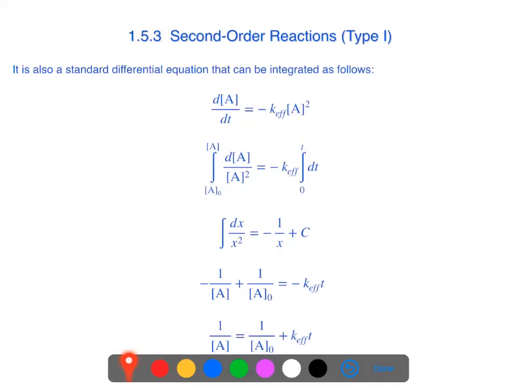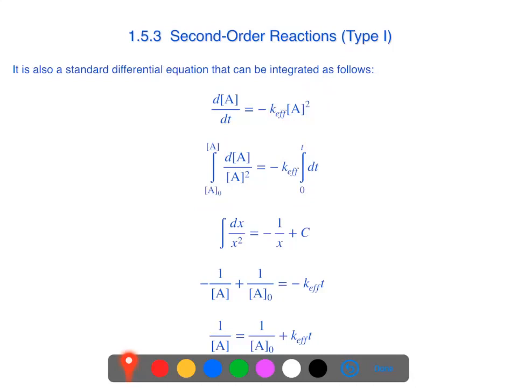So again, we're going to multiply both sides by dt and divide both sides by the concentration of A squared, and then integrate both sides with their respective limits, A0 to A on the left-hand side and 0 to some time t on the right-hand side.